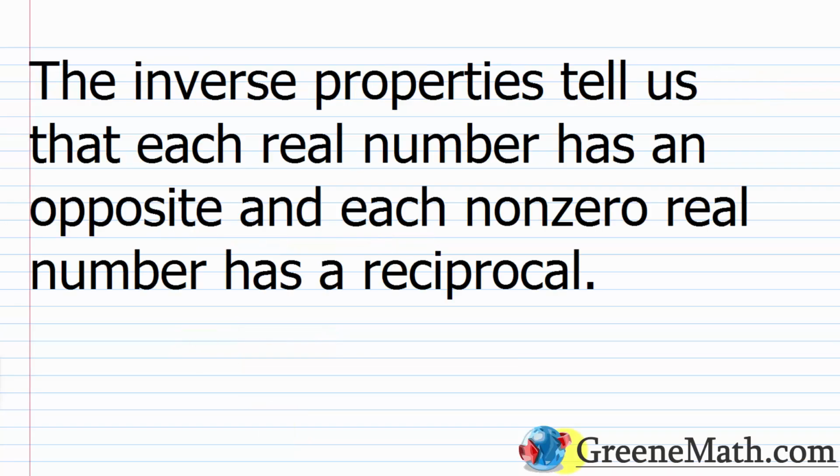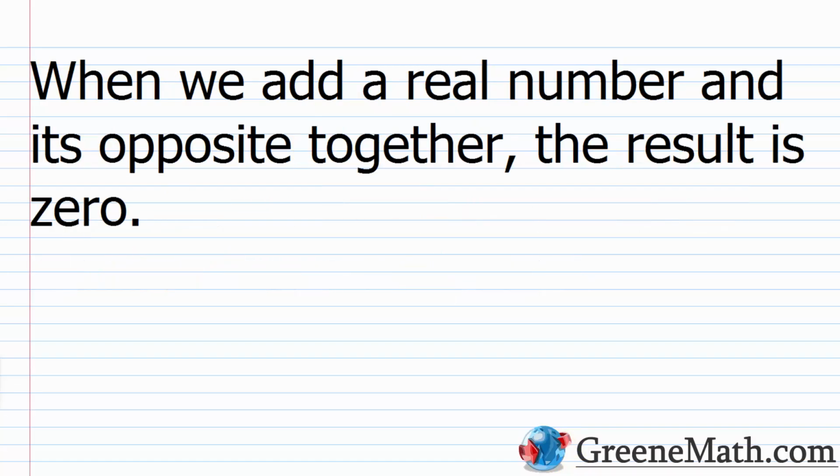All right, so the inverse properties tell us that each real number has an opposite, or some people call it a negative or an additive inverse. There's a few different ways you can describe that. And each non-zero real number has a reciprocal. When we add a real number and its opposite together, the result is 0.